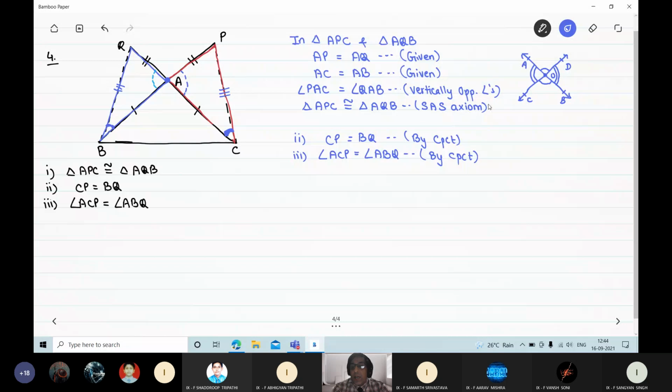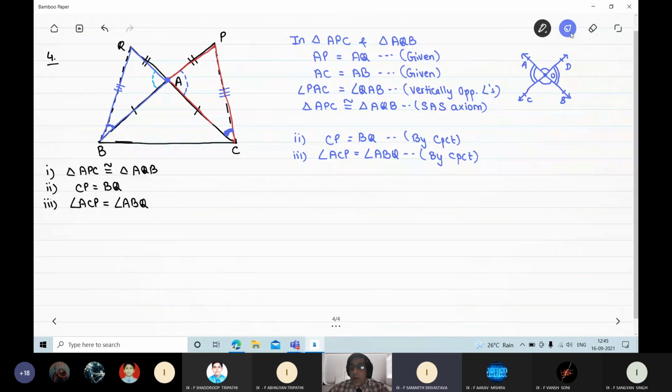Because what we have seen is that children write this is equal to this by CPCT, even though they could not prove the triangles congruent. So the CPCT marks will be given only when you prove the triangles congruent correctly. Is this clear to everyone? Yes, sir.